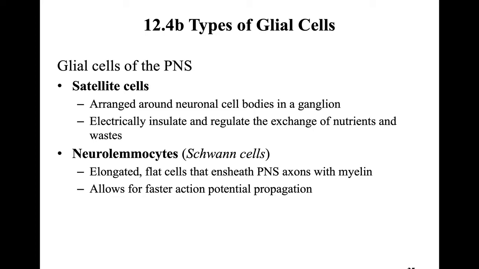They myelinate neurons, but for where? For the peripheral nervous system. So neurolemmocytes, Schwann cells, peripheral nervous system. Oligodendrocytes will be for the central nervous system. Very, very important distinction. Okay, next slide.